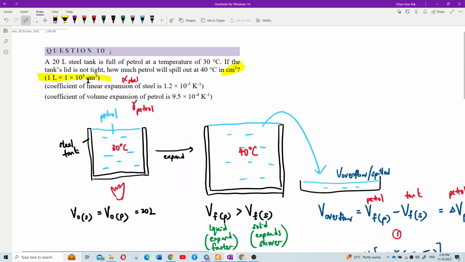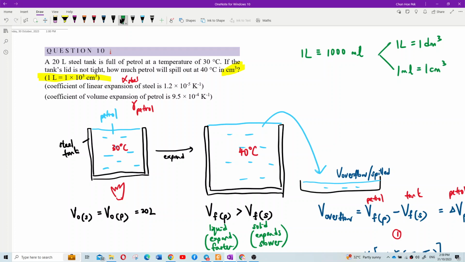Do you remember this one, class? 1 liter is 1000 ml. 1 liter is 1 dm cube. I hope that you remember. 1 ml is 1 cm cube. I taught you before, in chapter 9. 1 liter is 1 dm cube, 1 ml is 1 cm cube.